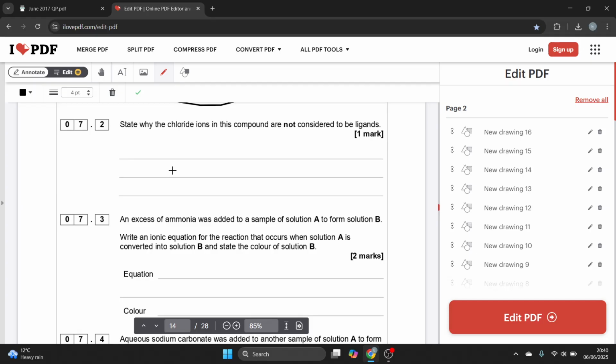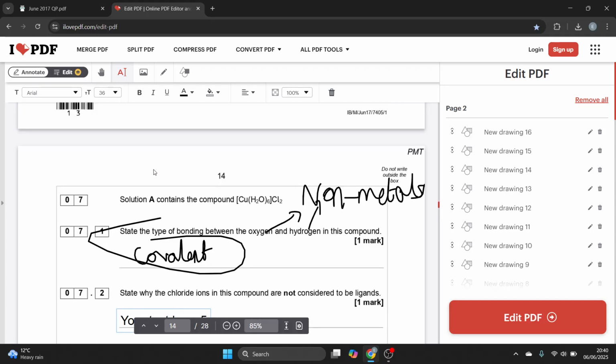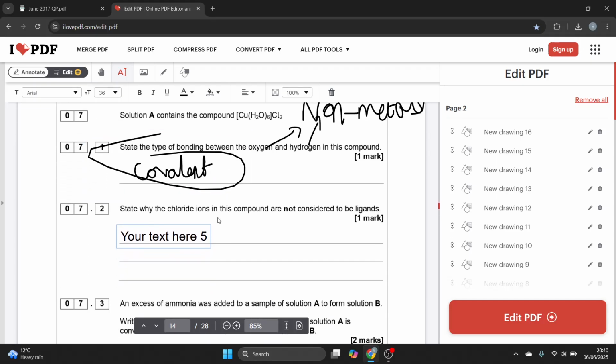7.2: state why chlorides are not considered to be ligands. Because in order for something to be a ligand, it's got to be able to donate a lone pair. Well, the Cl minus, in this case, you obviously have to apply it to a question, does not donate a lone pair to Cu2 plus.